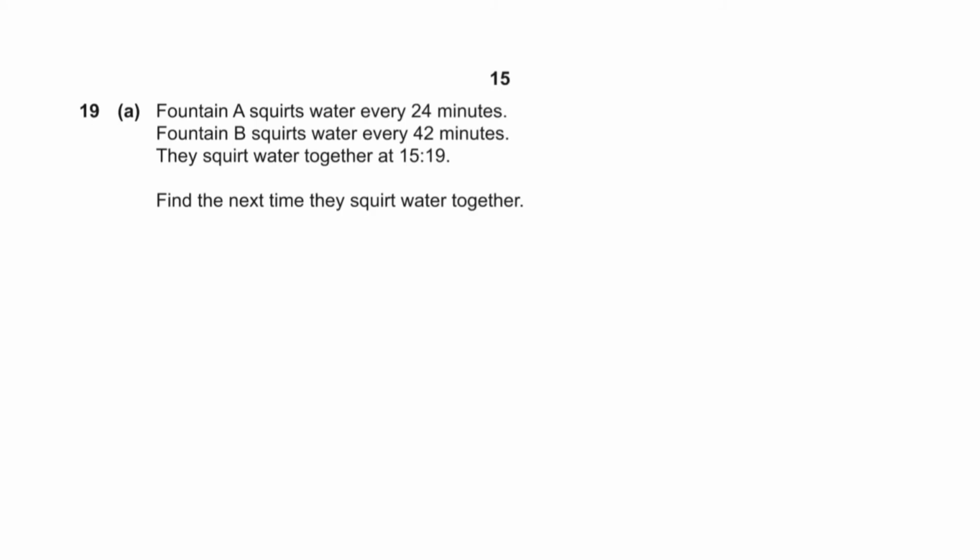Question number 19. Fountain A squirts water every 24 minutes and fountain B squirts water every 42 minutes. They squirt water together at 15:19, and we have to find the next time they squirt water together. If we take a look at fountain A, we've got 15:19, and if I add 24 minutes, we get 15:43.